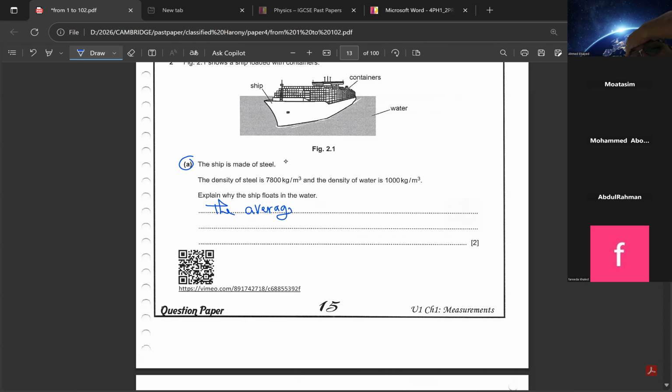So you can write the average density of the ship is lower than the density of liquid or water, right? Perfect.